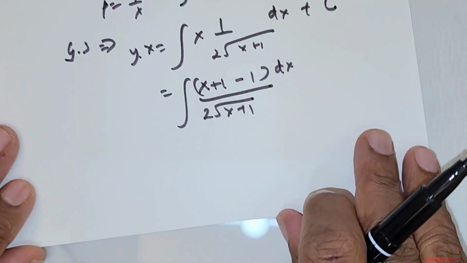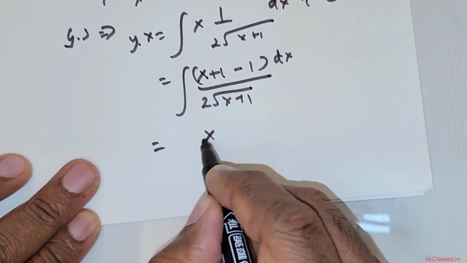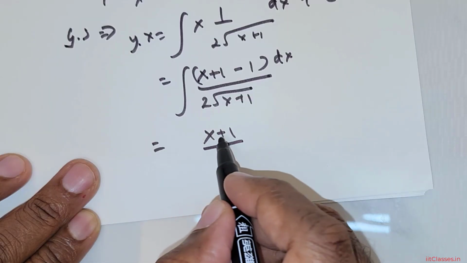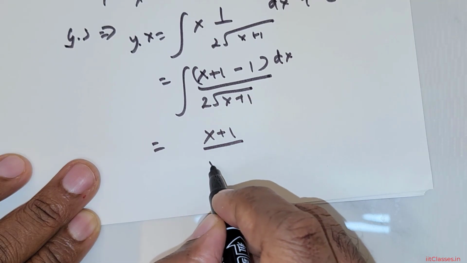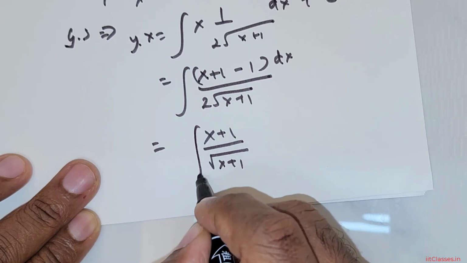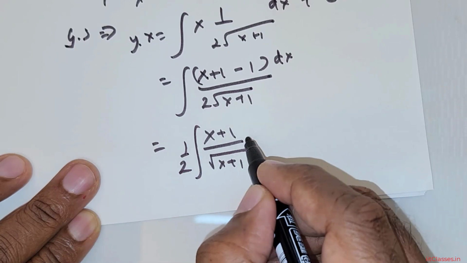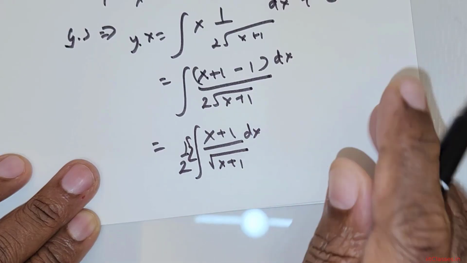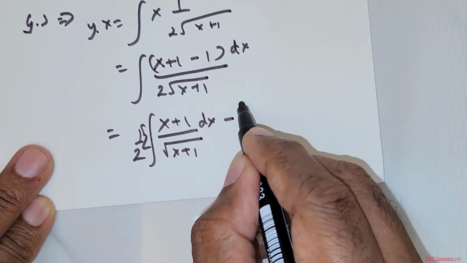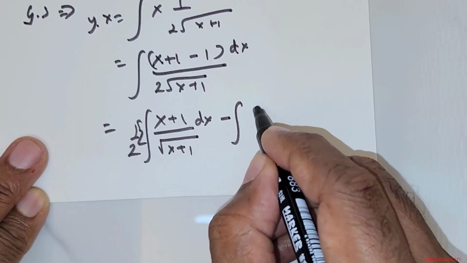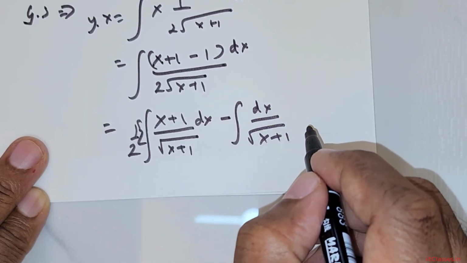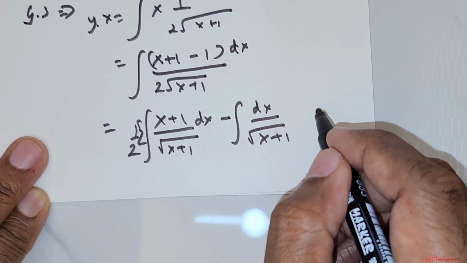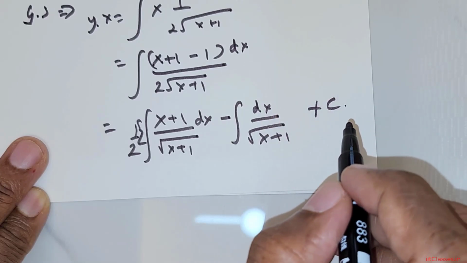So this can be rewritten as 1/2 times the integral of (x+1)/√(x+1) dx, minus 1/2 times the integral of dx/√(x+1). So this is what we have got. Of course the arbitrary constant c is there.